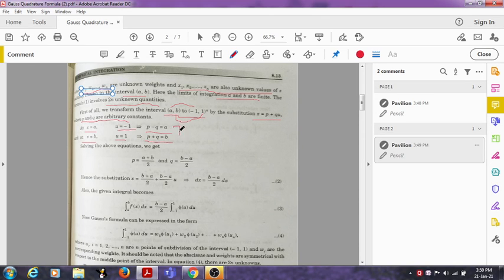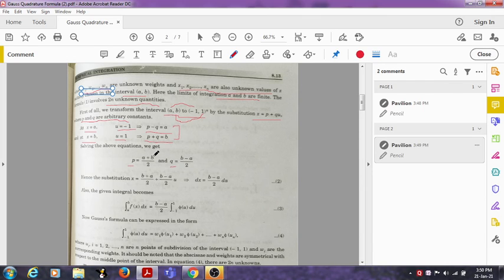Here there are two equations in two variables p and q. By solving them, first adding and then subtracting, we find that p = (a + b)/2 and q = (b - a)/2. Here a and b are the limits of integration: a is the lower limit and b is the upper limit.